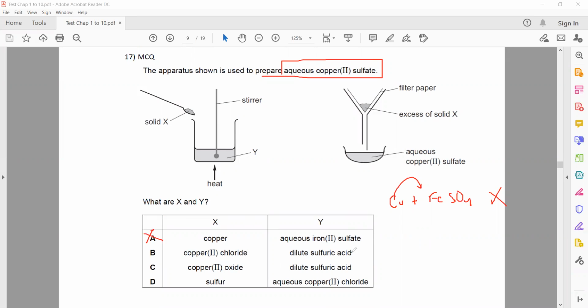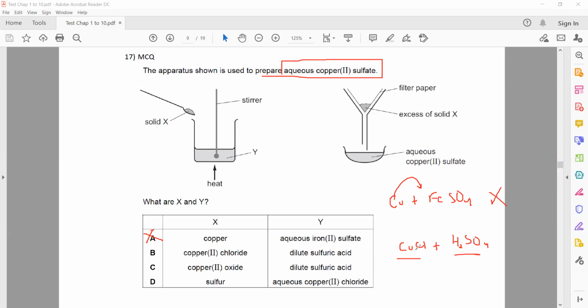Copper chloride plus sulfuric acid. If I use copper chloride plus dilute sulfuric acid, H2SO4, what will happen?